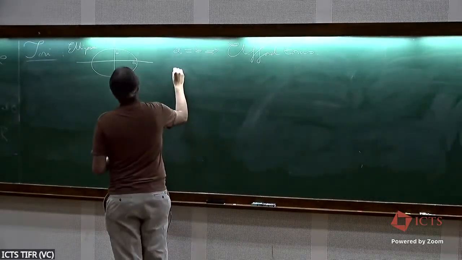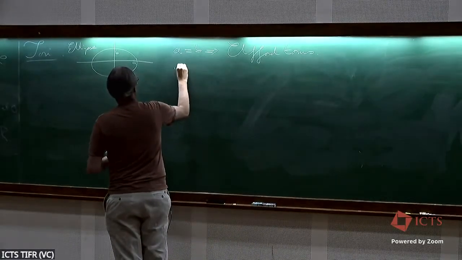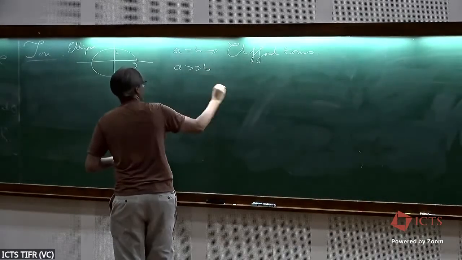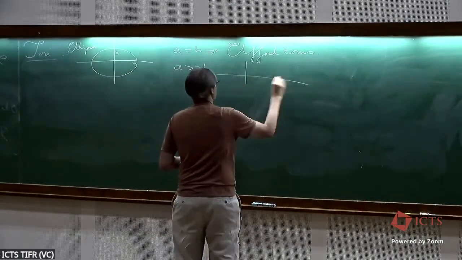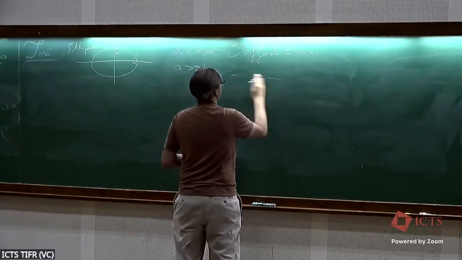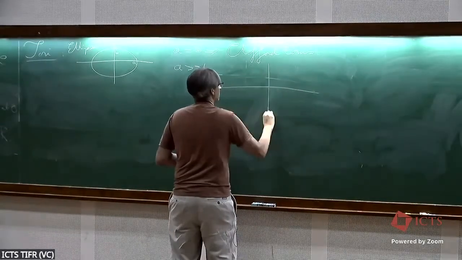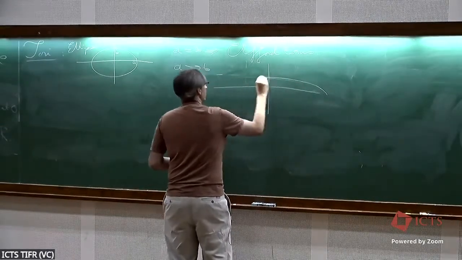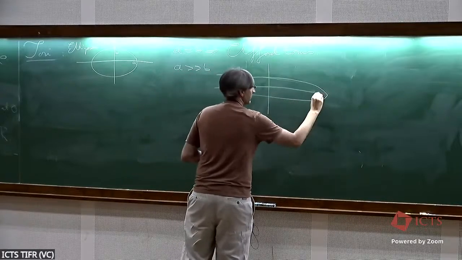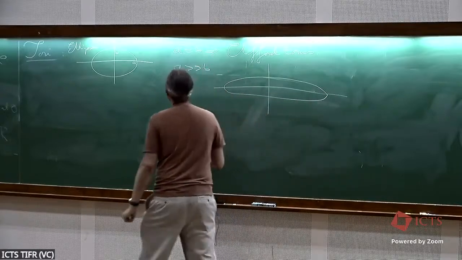Now, it was shown that if you take A much, much larger than B, so now you've got a very, very, very elongated ellipse, okay?